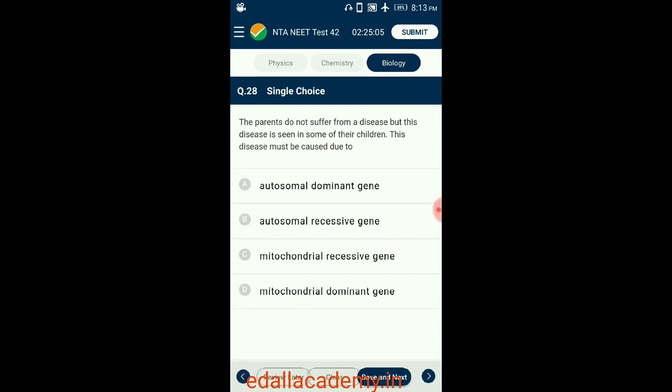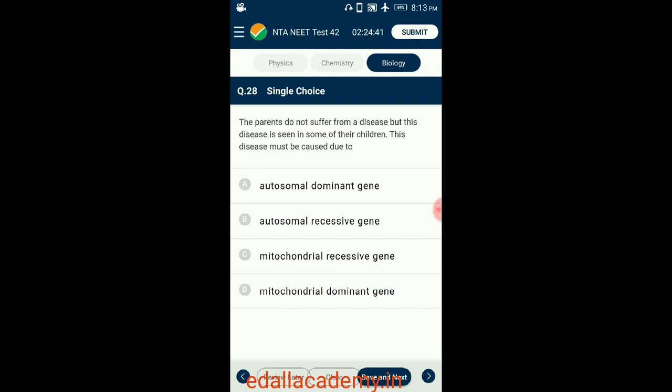Question number 28. The parents do not suffer from disease, but this disease is seen in some of the children. This disease must be caused due to, in autosomal recessive disorder, if the parents are heterozygous, capital A small a, they will not suffer from the disease.